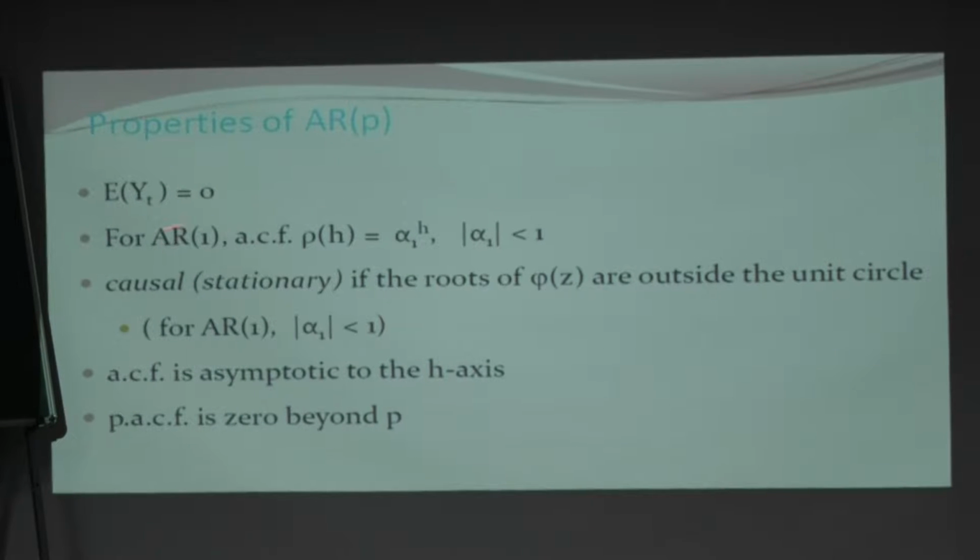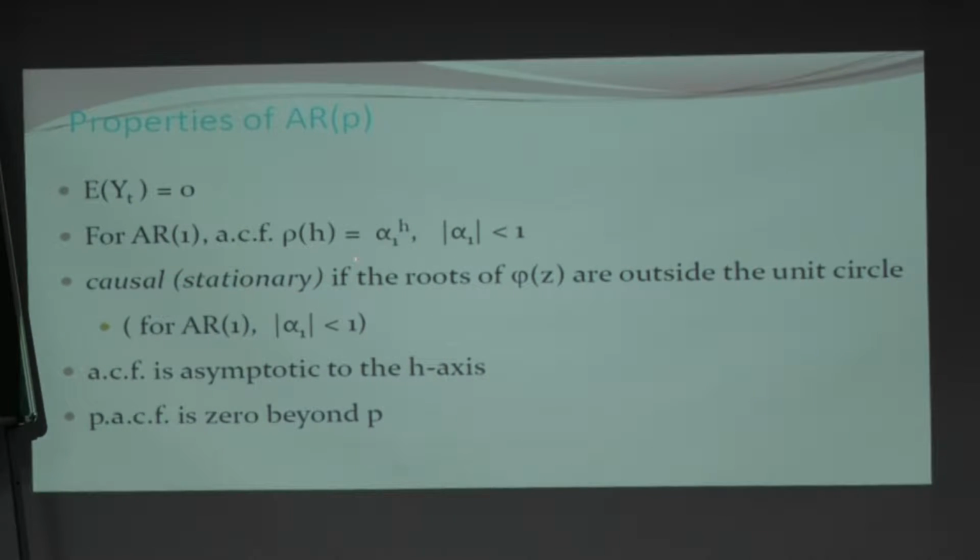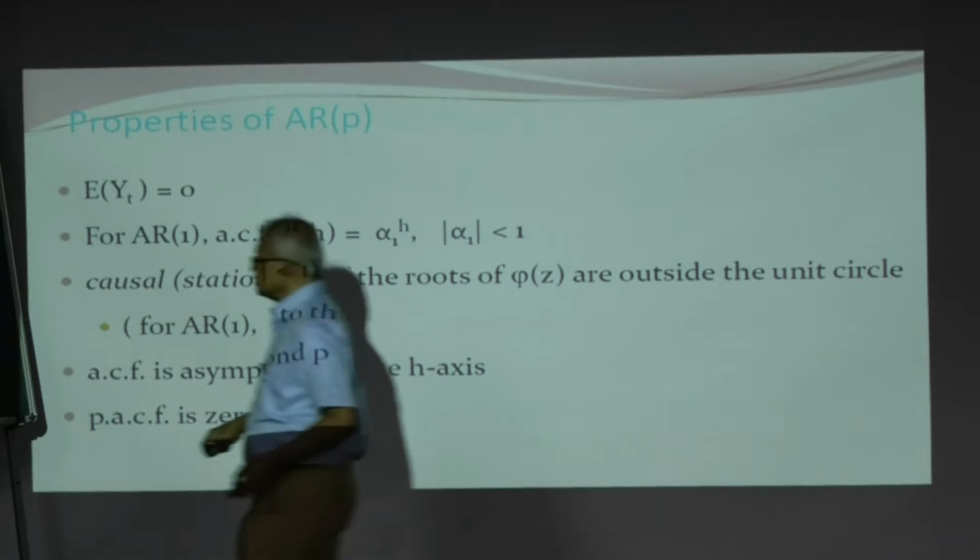First of all, expectation of yt would be 0, and it's a little bit more complicated for general p, but for the ACF, if I take p equal to 1, then the ACF comes out to be alpha 1 to the power of h. Now this is important, and maybe I'll start with this.